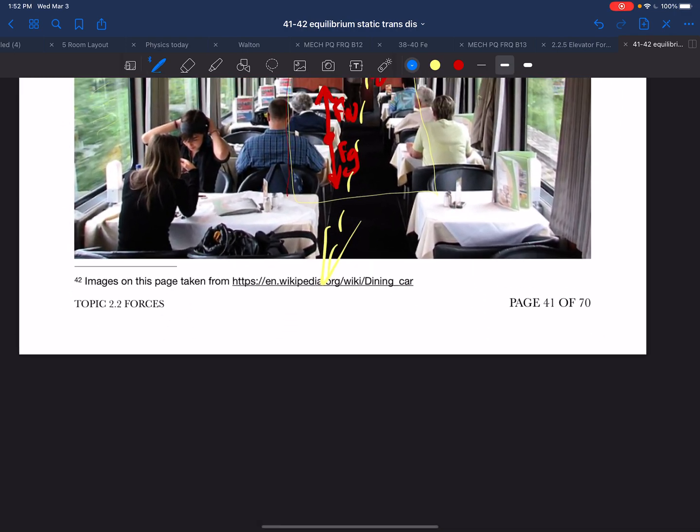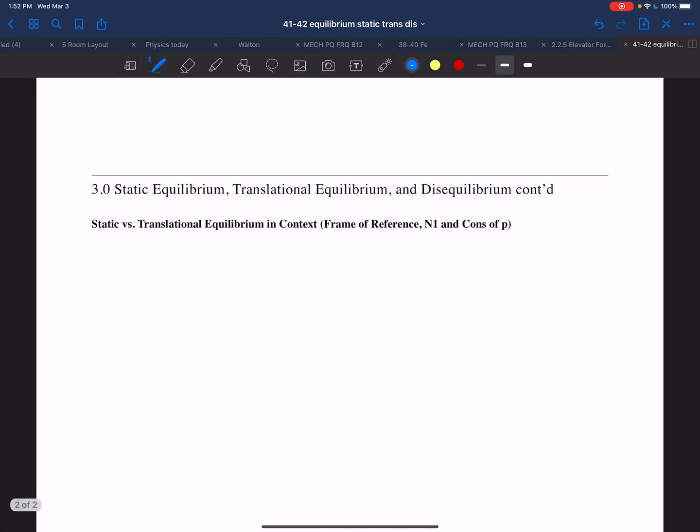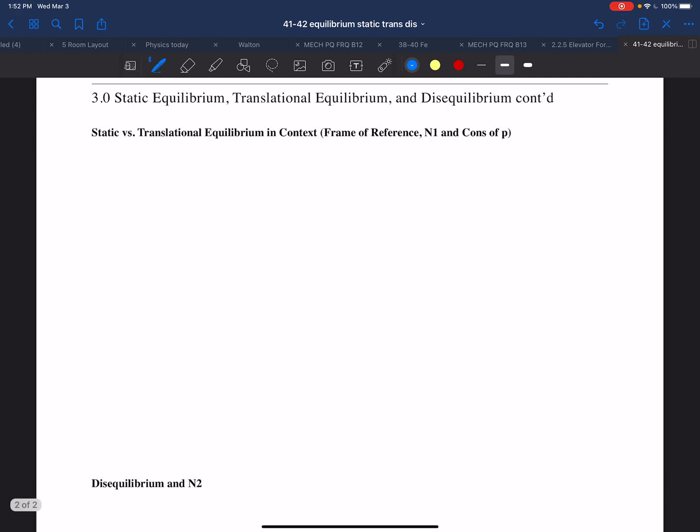Let us investigate this further. So let's take our lady and the table on the train. Or she's sitting in the chair, like so. And we know the forces are balanced, like so.